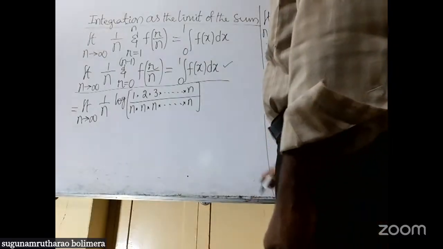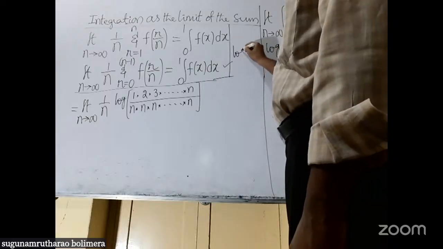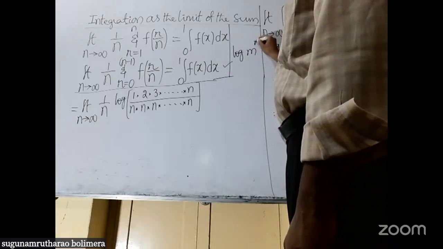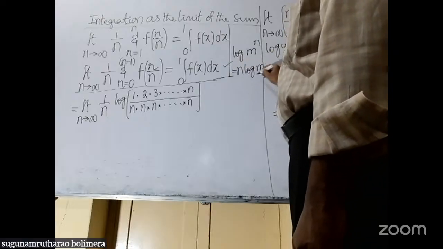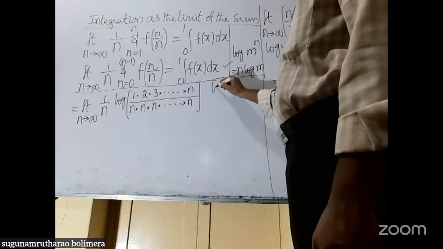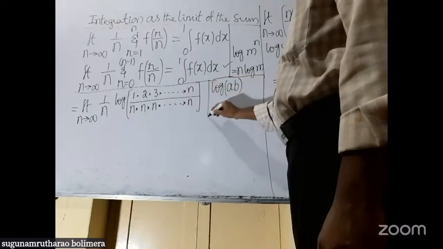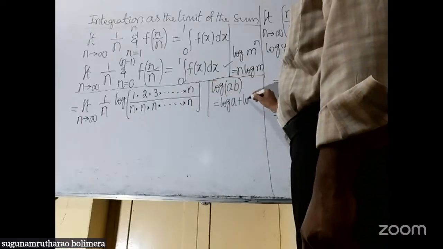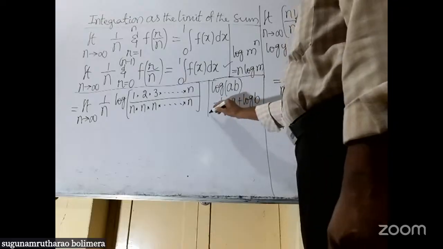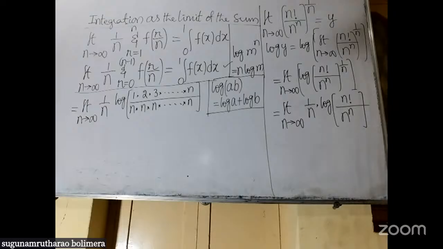So here we have applied log m power n equals n into log m. This is one formula, and another one is log ab equals log a plus log b, whatever the base may be.